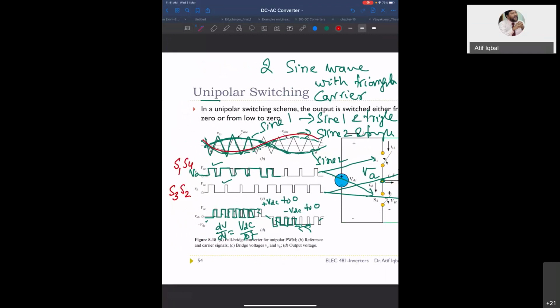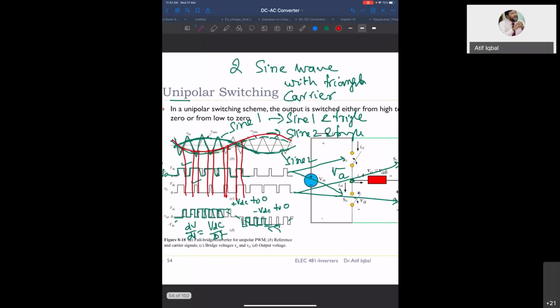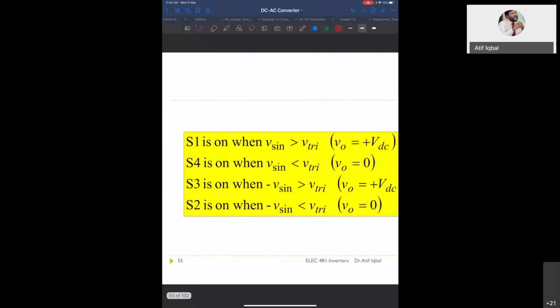When you compare the negative sine wave 2 with the triangle, you generate these two pulses.